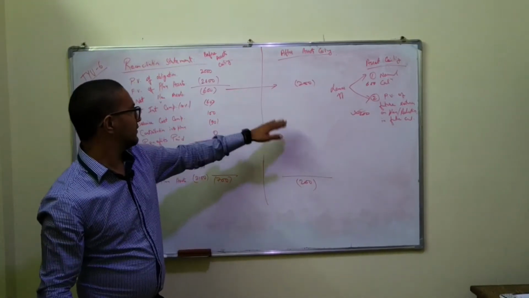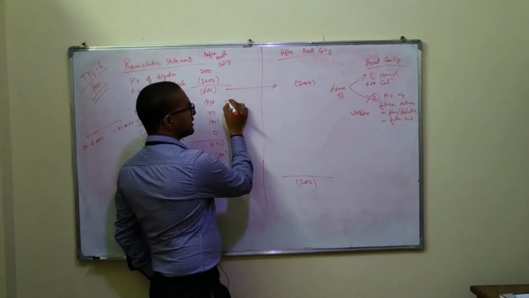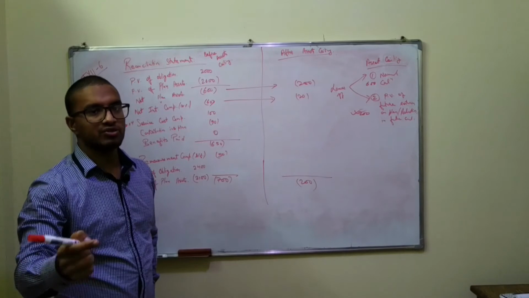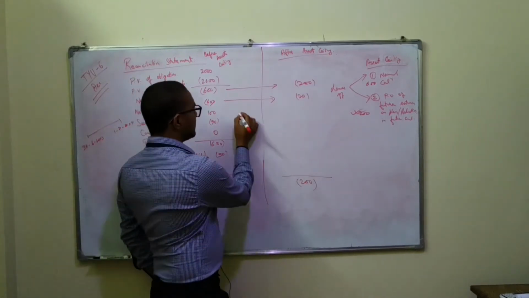So the adjustment should be over here. So let's look at the adjustment. Interest rate is 10%, which is 20, and since it is our assets, it should be minus.